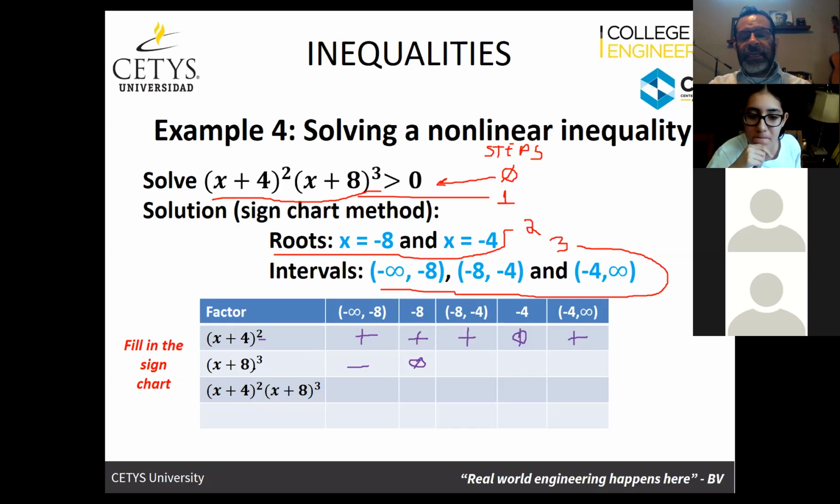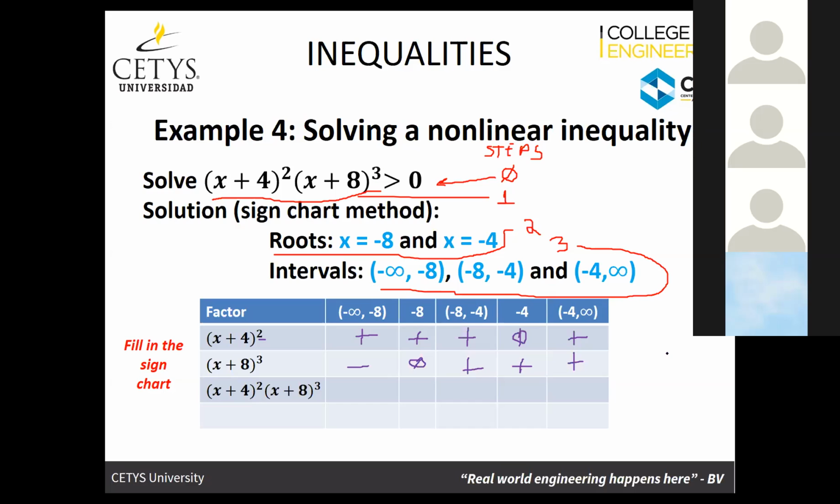Minus 5 plus 8 is 3, elevated to the 3, it's going to be positive. Correct. What happens if I substitute the minus 4? It's positive. Correct. And what happens if I substitute anything from minus 4 to infinity? Positive. Correct. Thank you very much, Viviana.